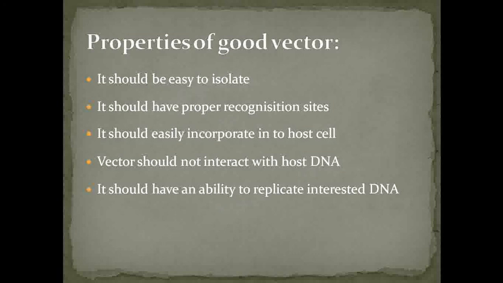The next property is that it should have the ability to replicate the DNA or the gene of our interest. Those vectors which have such properties, you have to select to carry out recombinant DNA technology. Basically, those vectors are also called expression vectors, because they express our gene of interest.